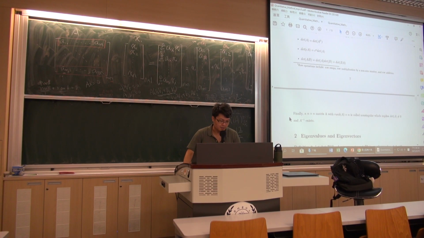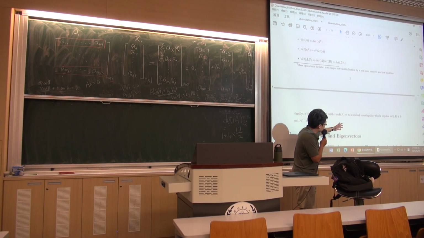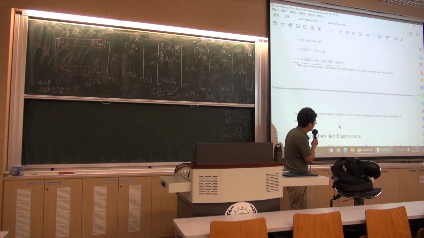So this again tells you that for an n by n matrix with rank equal to n, which we call full rank, this matrix is also called non-singular.